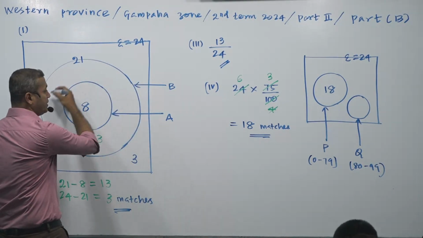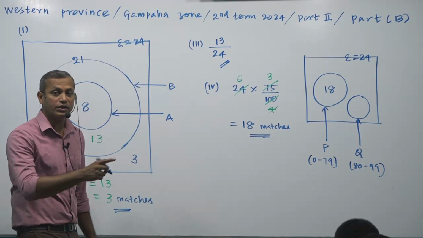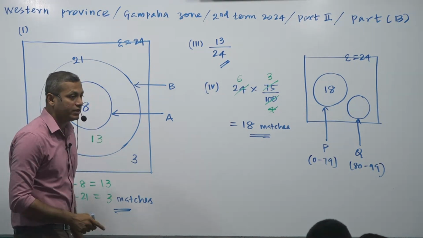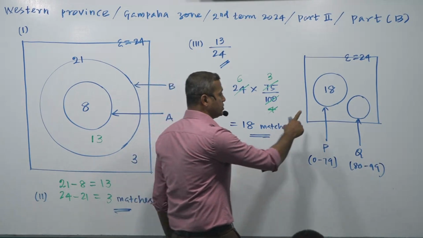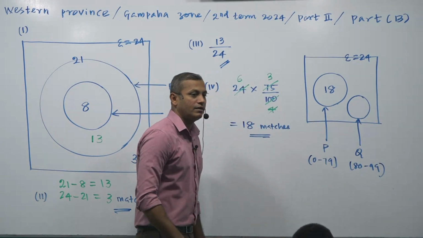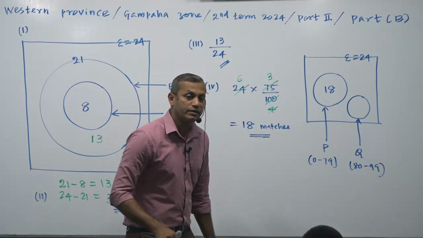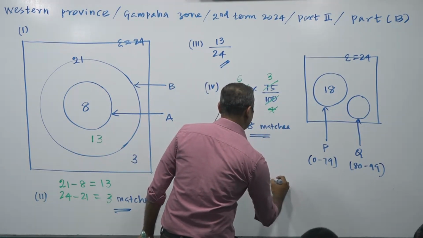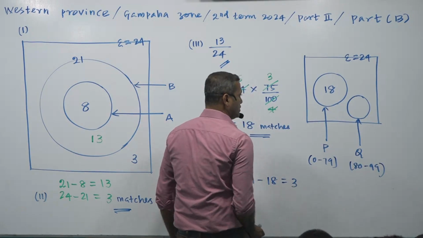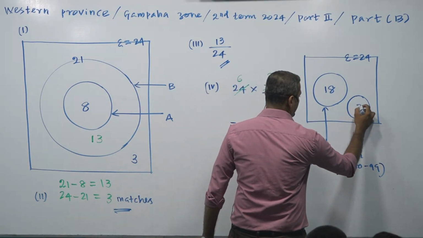Already 0 to 99, how many are there? 21 are there. Out of those 0 to 99, 18 goes to 0 to 79. Then from 80 to 99, the balance. How much is the balance? 21 minus 18. How much? 3. So this should be 3.